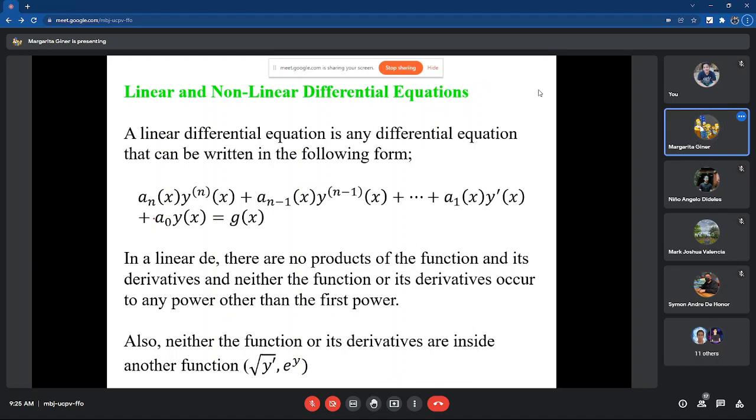Meaning to say, take note of this. Okay? It also neither the function or its derivative are inside another function.